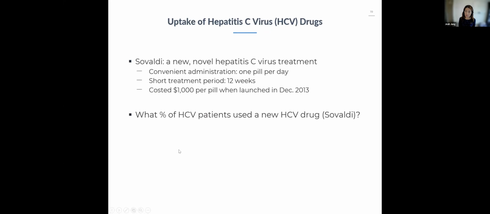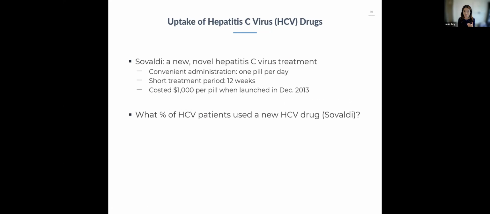Now, this is an example we're going to actually look at in the Excel sheet in the exercise. I'm going to introduce here a drug that I have studied for a while. This drug is called Sovaldi, the first new and very innovative hepatitis C virus treatment.